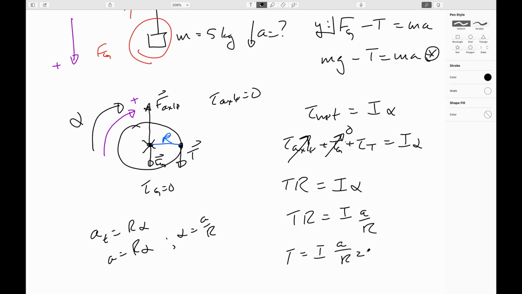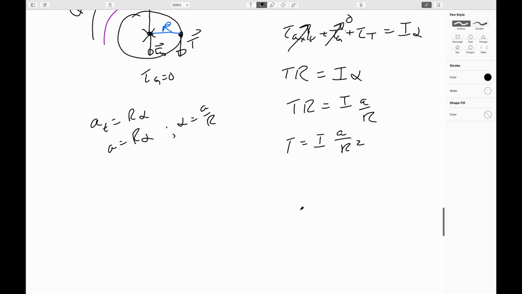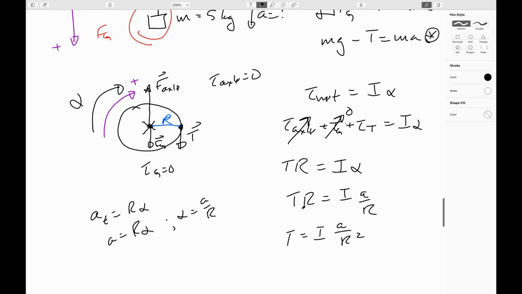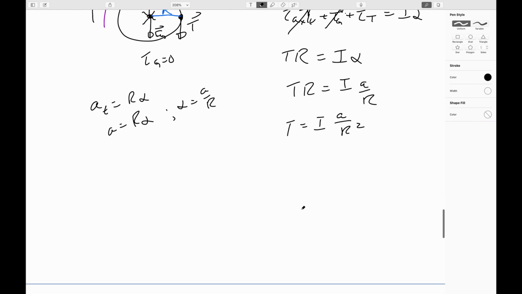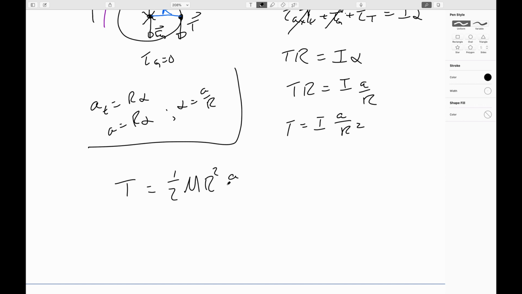over R squared. Now here, it's probably going to be useful to go ahead and look back up in our table the moment of inertia of a disk about an axis going through its center. And when you look that up, the moment of inertia is 1/2 the mass of the thing, R squared, times A over R squared. Awesome. So it turns out it did not matter at all what the radius of the wheel was, only that it was a disk shape and what its mass is.